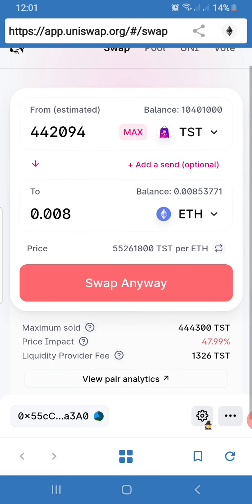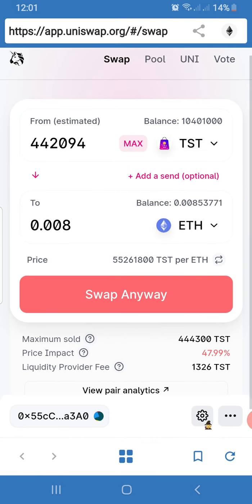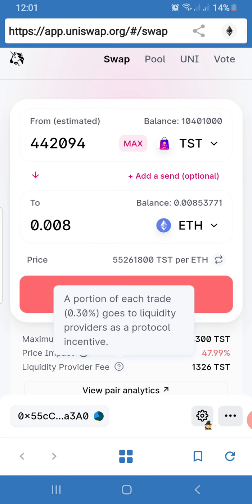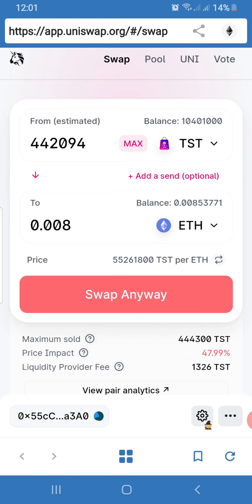I want you to pay attention to this bottom area. Then you look at the price impact. The price impact is 47.99%. And also you look at the liquidity provider fee. Like I said again, 0.3% goes to the liquidity providers as incentive. So about 1,326 TST will definitely go to the liquidity providers.